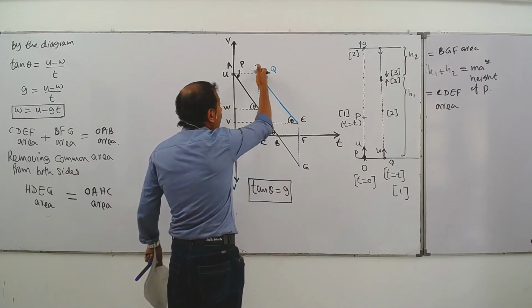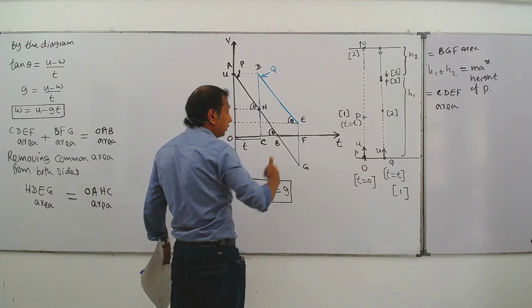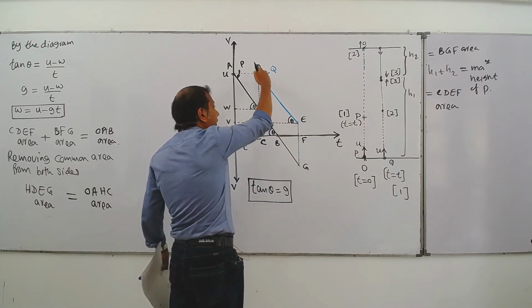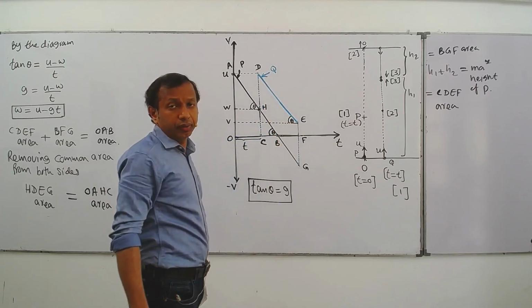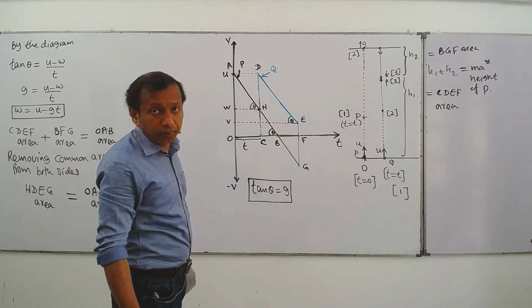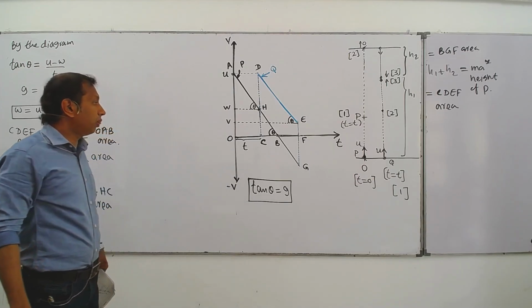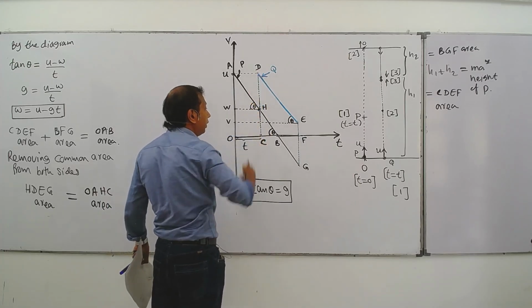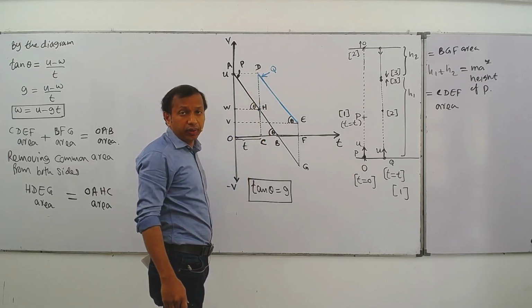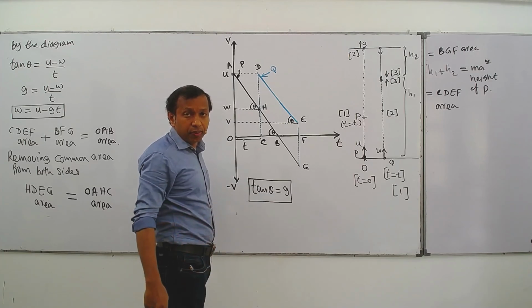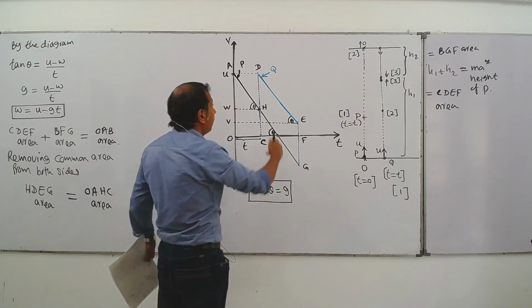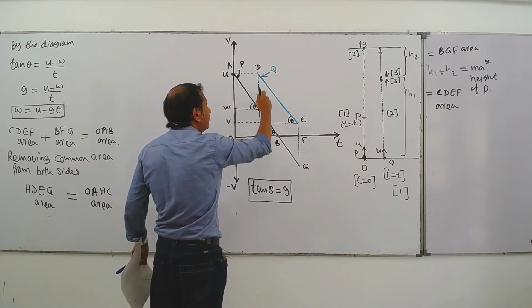Reason, this side is vertical, this side is vertical, parallel. HG and DE, parallel. Therefore, it's a parallelogram. The area of a parallelogram, you can write what? One side multiplied by perpendicular distance between that side and its parallel side. Right, this is the DH.